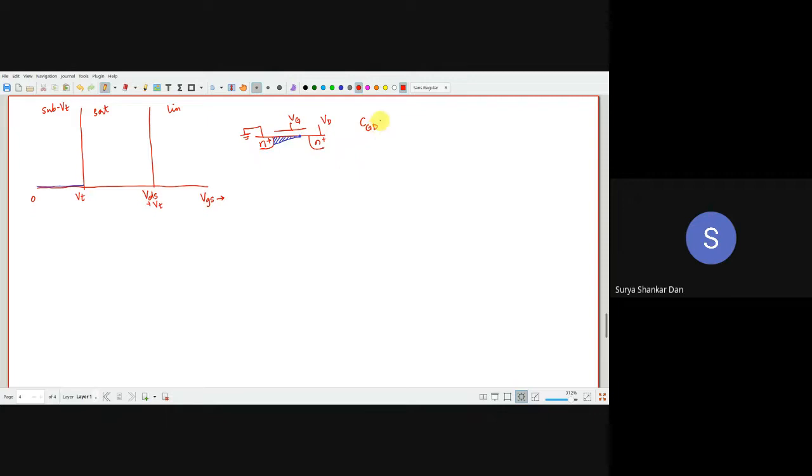CGD. This capacitance will be 0 because again there is no channel, just as in this case. यहाँ पर क्या था, ये कोई channel था ही नहीं. So what we would write here is that CGS equal to CGD equal to 0 in the subthreshold region.